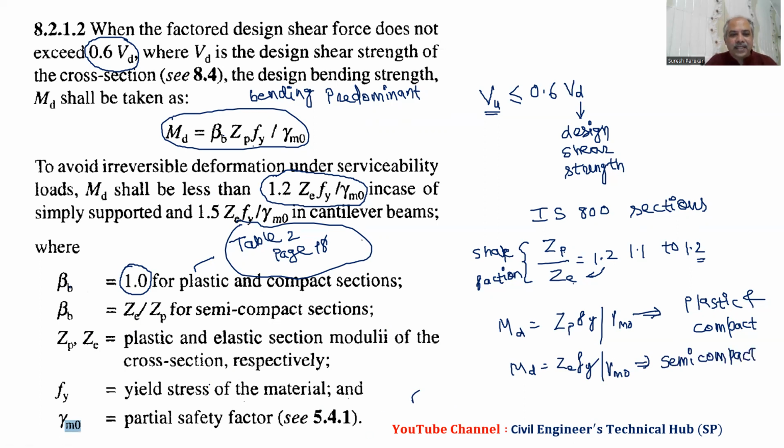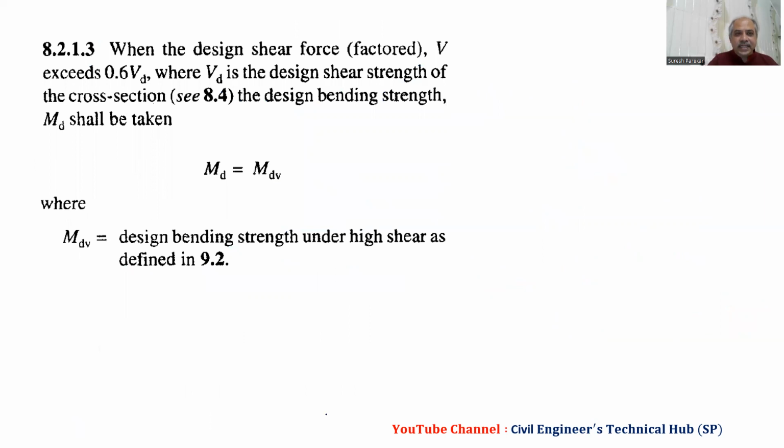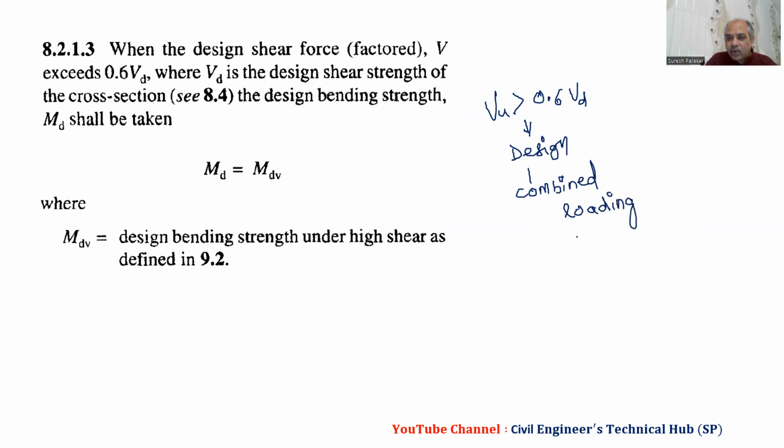Now gamma m0 is the partial safety factor; we have to go to Tables 4 and 5, where we have partial safety factors for loads and materials. Now if your VU is greater than 0.6 VD, then my beam is analyzed, or better, designed for combined loading, because here both are predominant, and for this we have to go to Section 9.